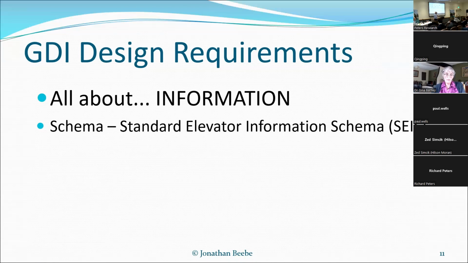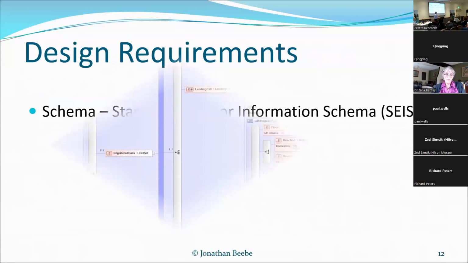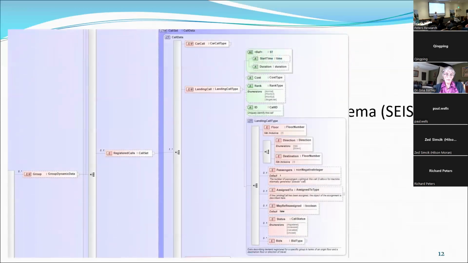And we need some rules as well of what values we can put into those pieces of information. And to do that, we fortunately have something called the Standard Elevator Information Schema, which defines all that. And this is a diagram of a landing call definition within that schema.